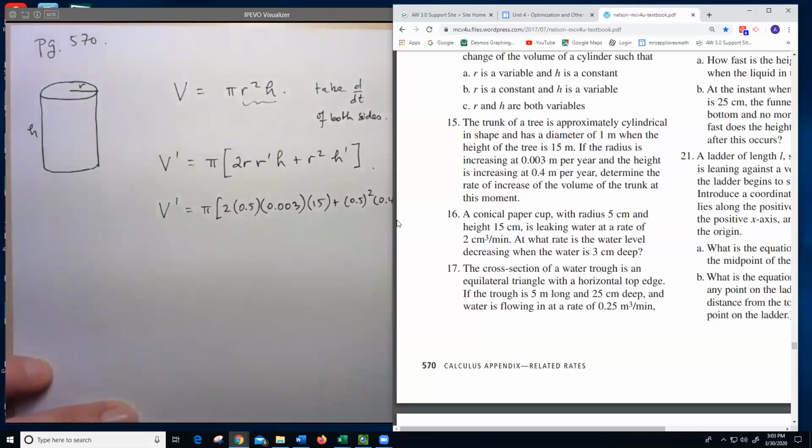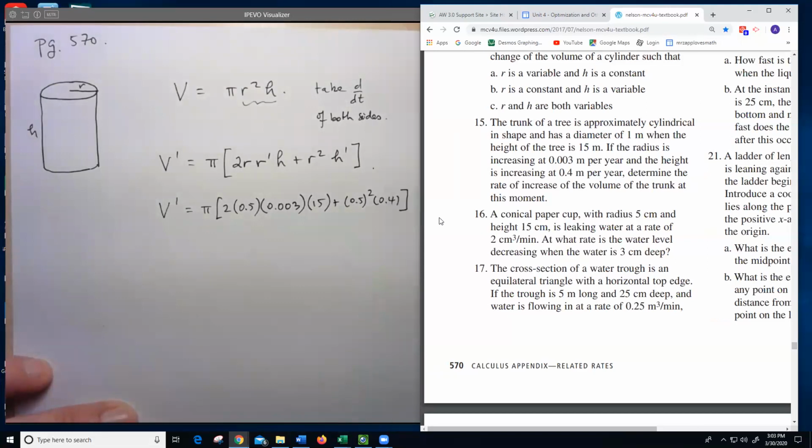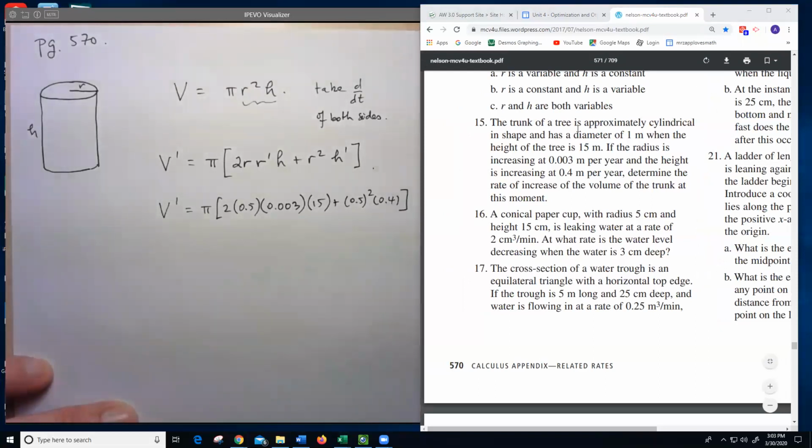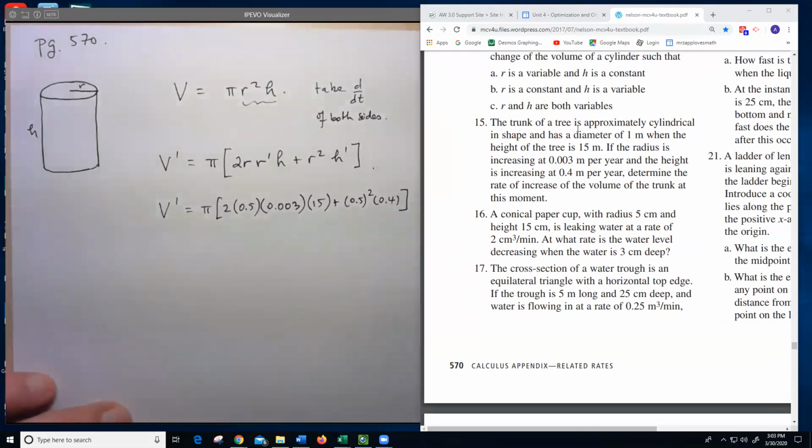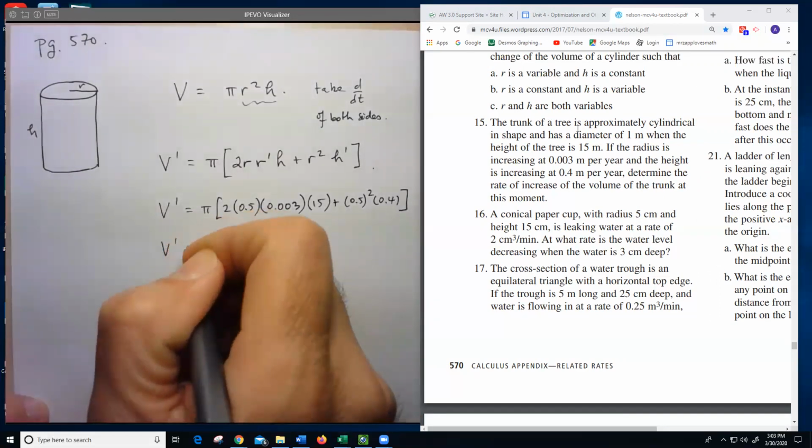Okay, let's take a quick look, make sure I wrote everything correctly. Can you all take a quick look before I put this in the calculator? 2r prime h plus r squared h prime. Well, it looks good to me. Nobody's telling me anything, so I'll assume it's good.